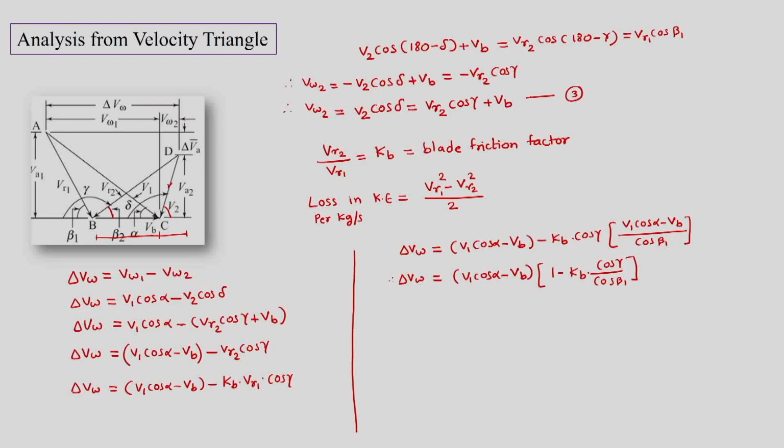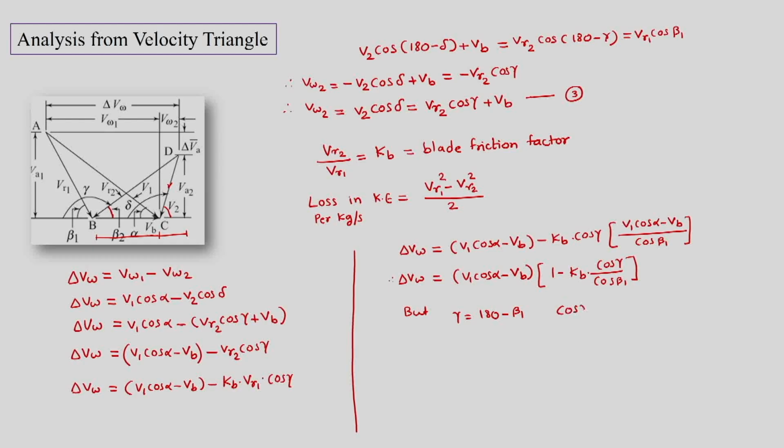But we know that gamma is equal to 180 minus beta 1.